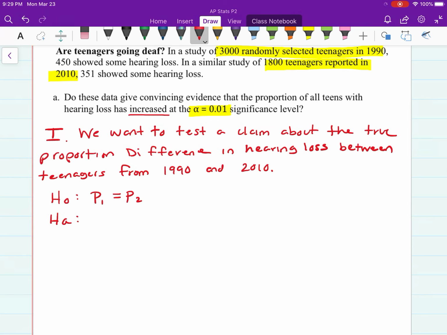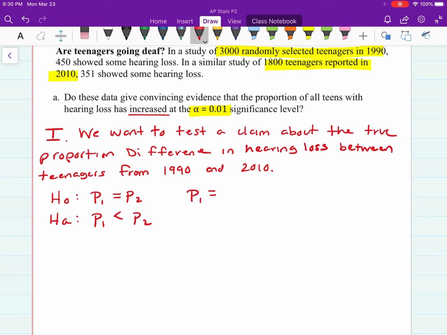That means that the proportion of teenagers that have hearing loss would be greater in 2010 than it was in 1990, or the proportion of teenagers that had hearing loss in 1990, which we can say would be P1, would be less than the proportion of teenagers that have hearing loss in 2010.